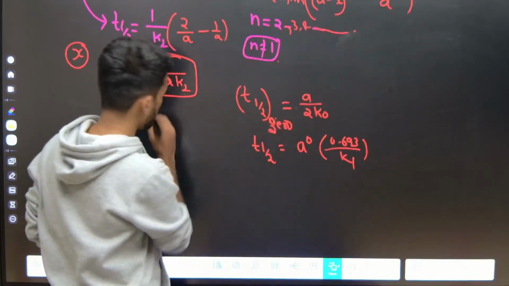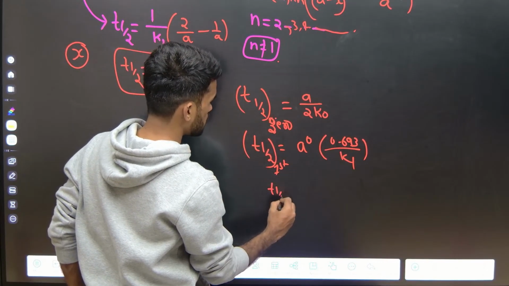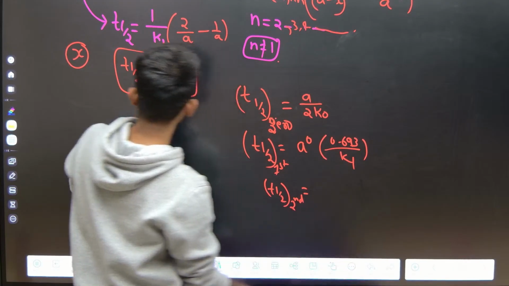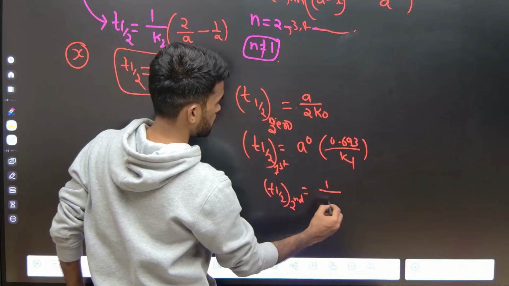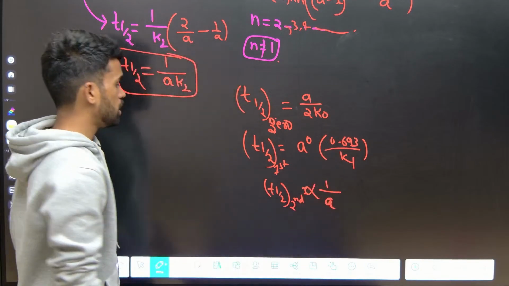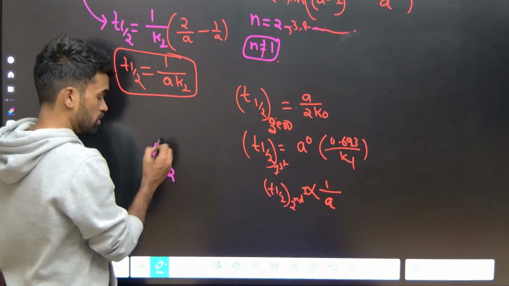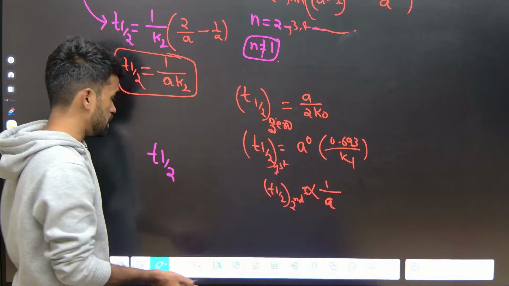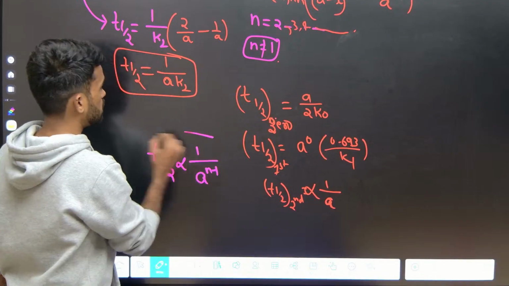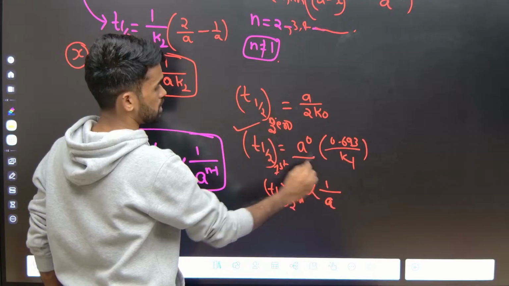For second order, A is in the denominator, 1 by A you got, it means it is inversely proportional. So from here you can say t half for second order, third order, fourth order, all follow A power n minus 1. Okay, this is the t half relation for second order. The t half relation for first order is independent.